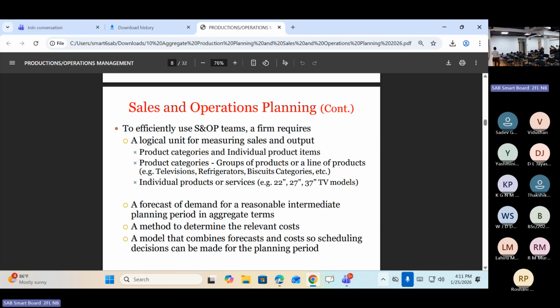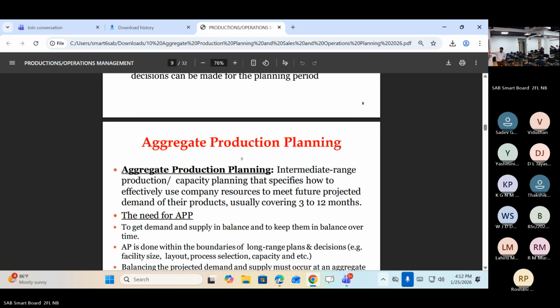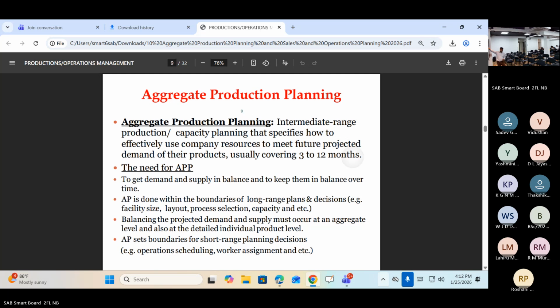And then, of course, a model that combines forecast and cost, so accordingly, scheduling decisions can be made for the planning period. So these are prerequisites. These are important in order to execute sales and operations planning. I hope that is simple and you can understand it.